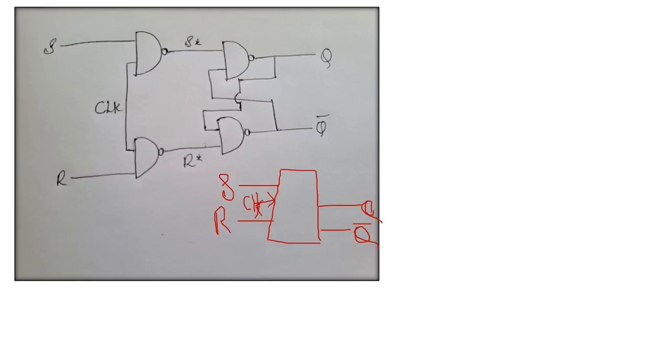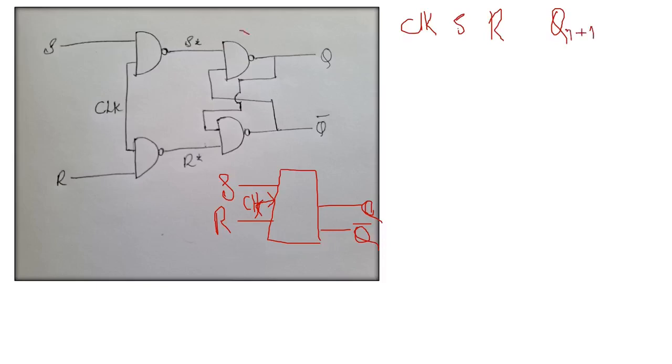Then let me write the characteristic truth table for it. First let me write the truth table. So the inputs are clock, S, R, set, reset, and the output is Qn plus 1.